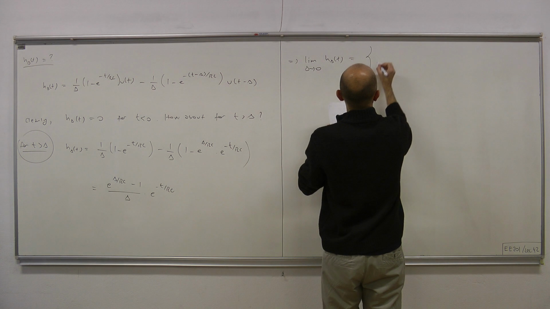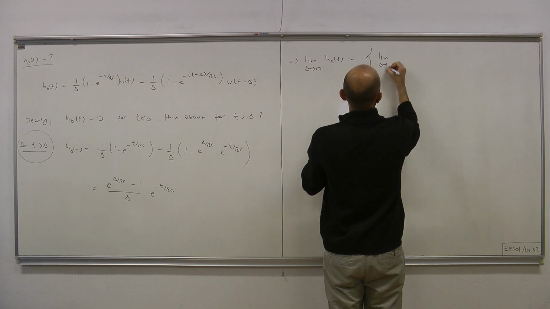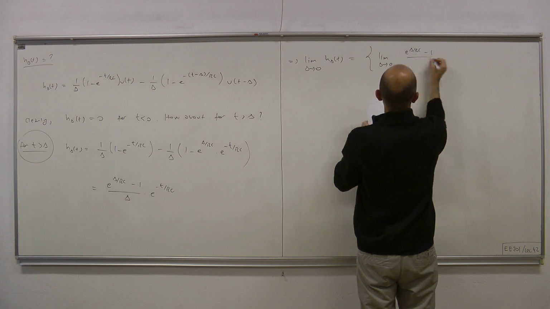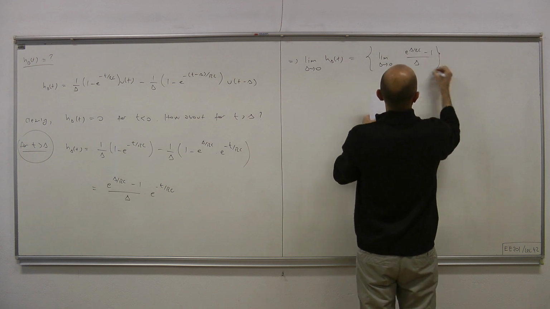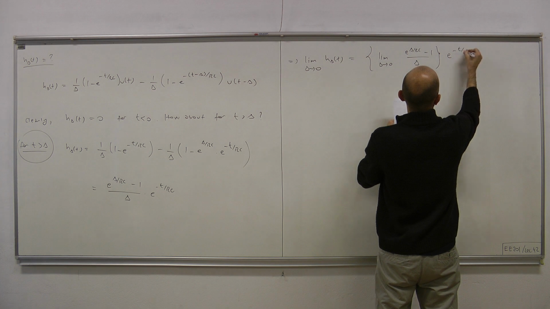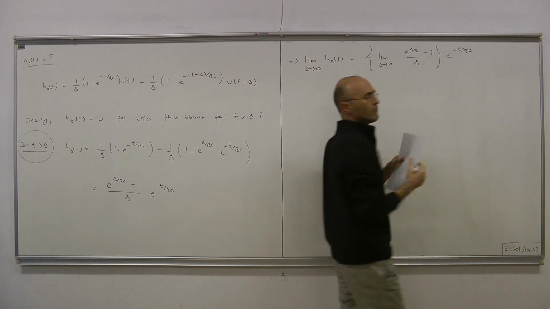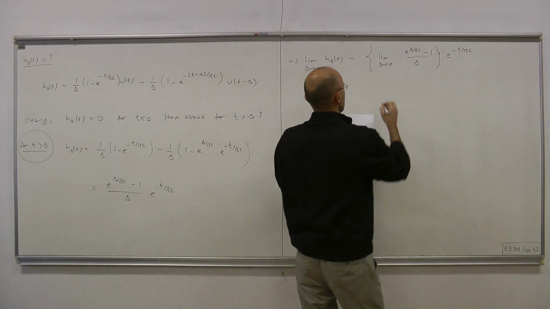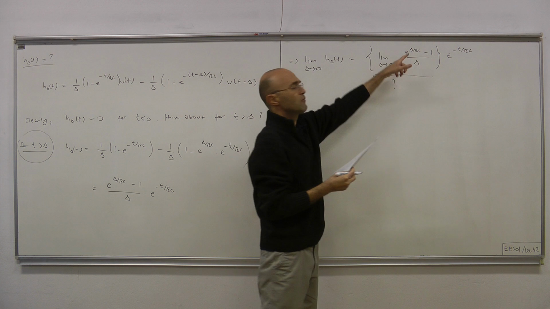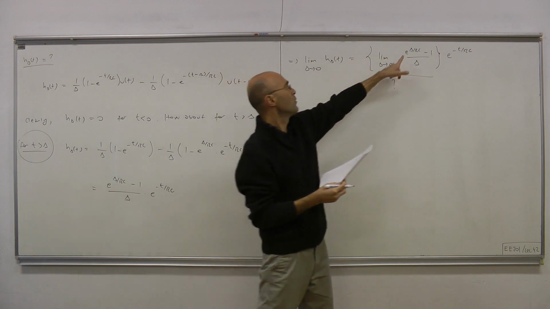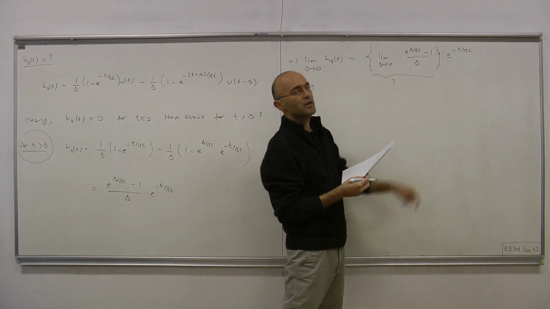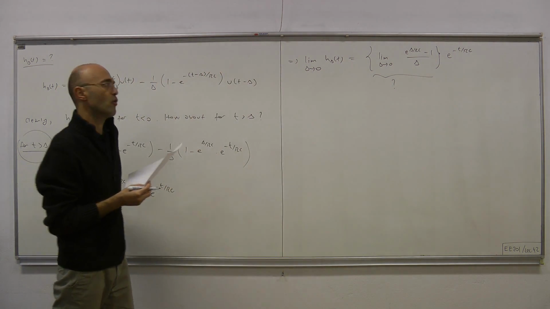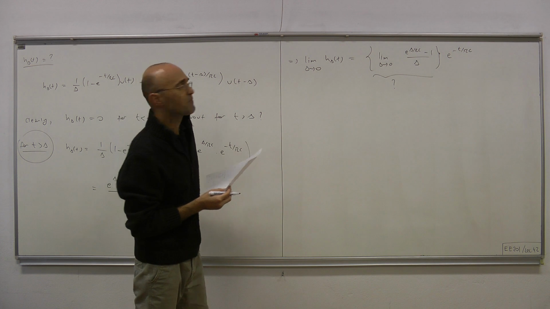That equals the limit as delta goes to 0 of e to the delta over RC minus 1, over delta, times e to the minus t over RC. Therefore, we have to figure out this limit. If you plug in delta equals 0, this is 1, 1 minus 1 is 0, and you also have 0 in the denominator, so we have 0 over 0, which doesn't help.